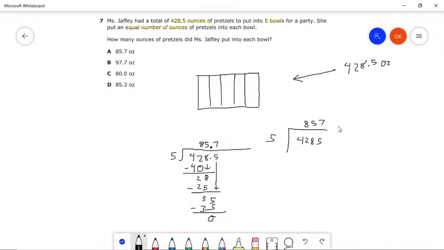So if you're dividing by 10, you're essentially just moving the decimal place to the left. So this would become 85.7. But either way works. As long as you get the correct answer, it really doesn't matter how you solve it. So A is the correct answer.